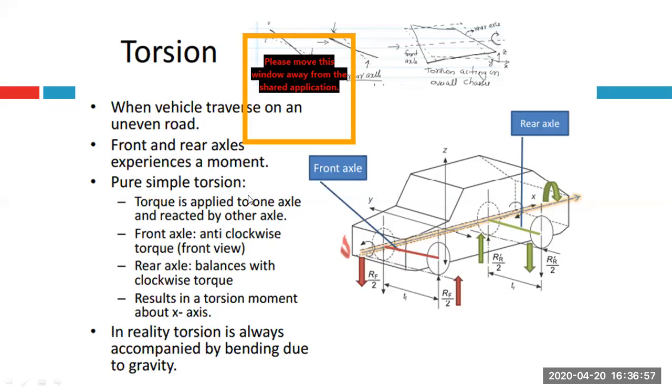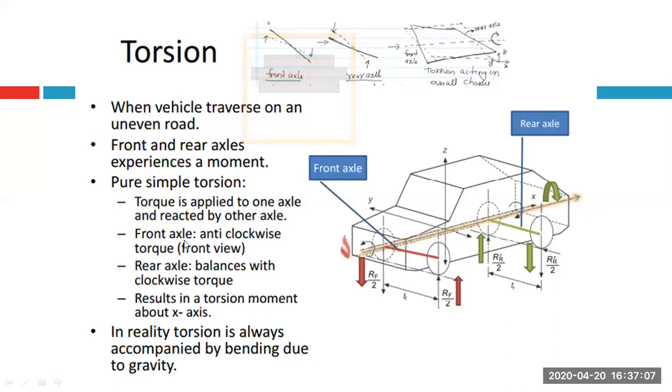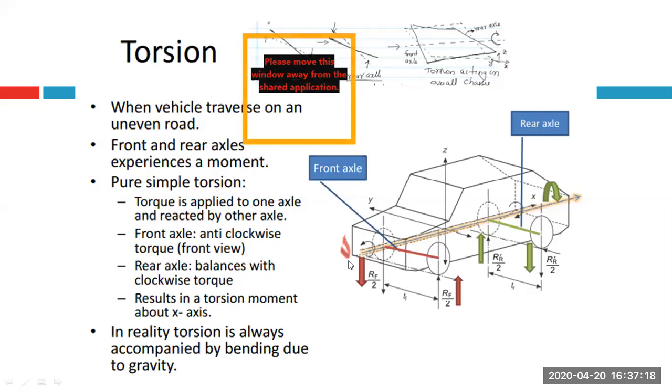A pure simple torsion is a situation where you have a torque which is applied to one axle and reacted by another axle. In this particular condition, you have the front axle which has an anti-clockwise torque. You can see here, this is an anti-clockwise torque, if you view it from the front view.